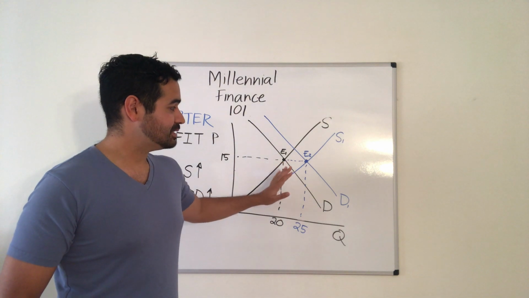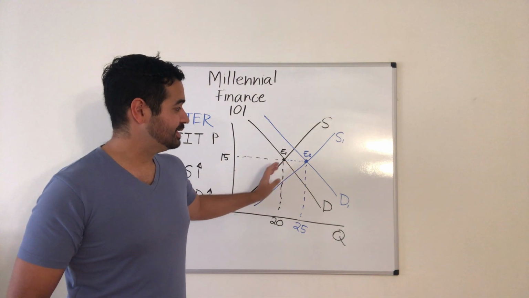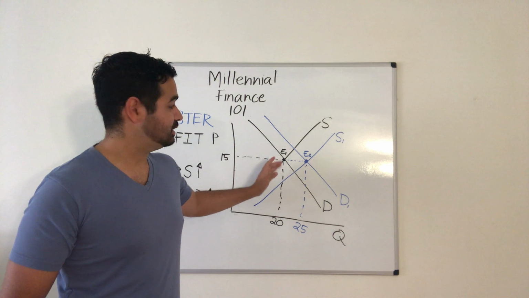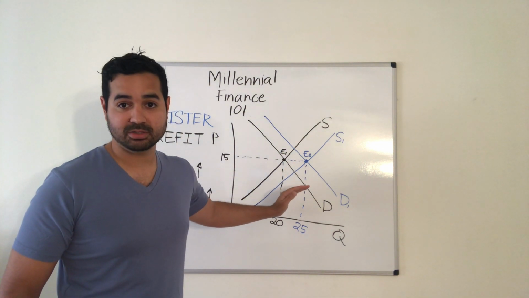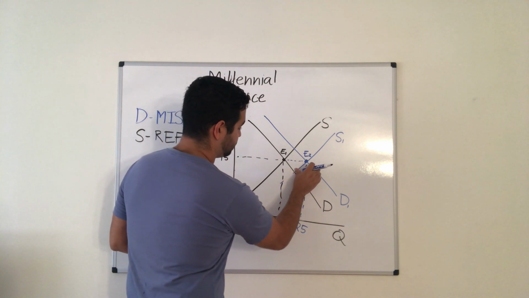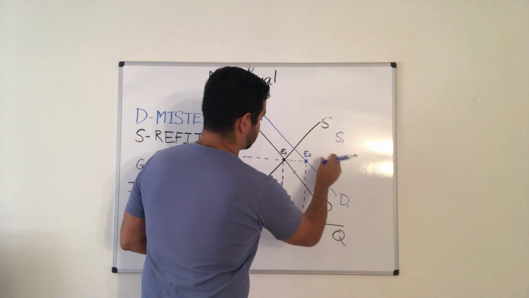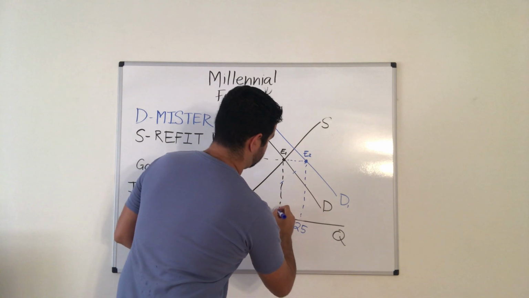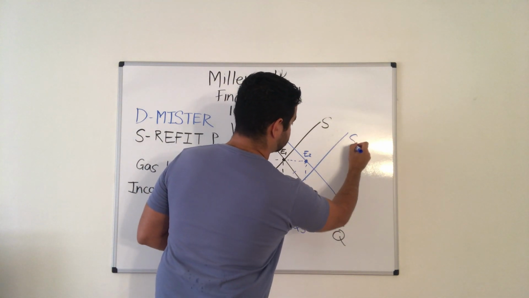However, let's say, for example, our supply curve didn't miraculously change the same magnitude as our demand curve. Instead of shifting here, let's say it shifted all the way out here.